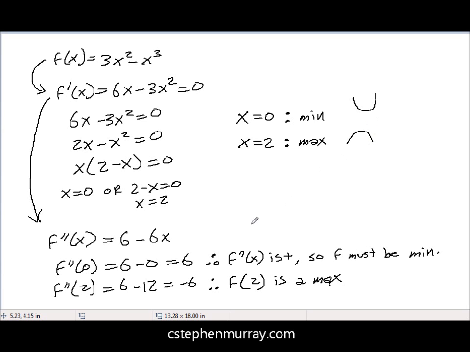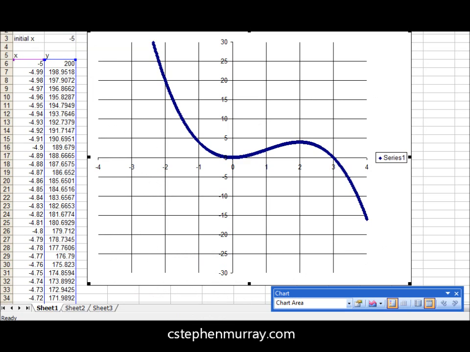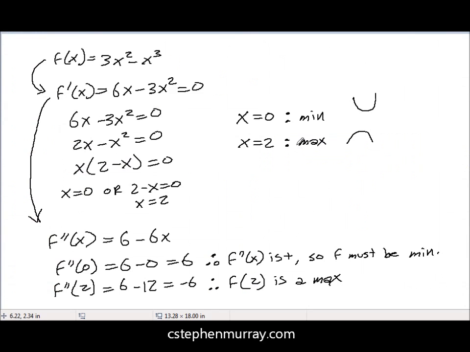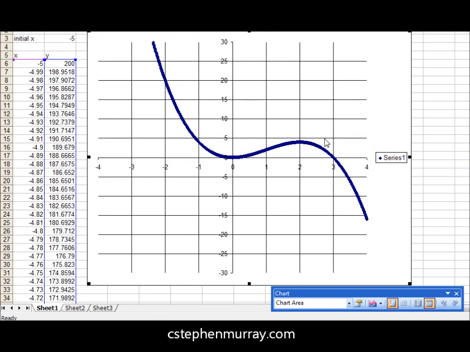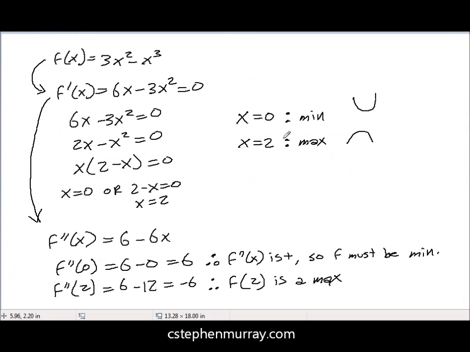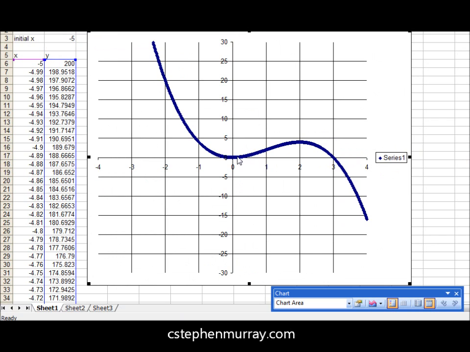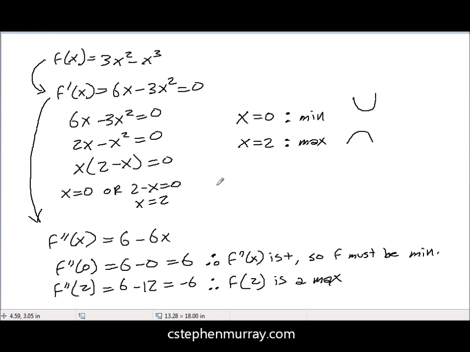We have a hill. Well, I graphed this in Excel earlier. Let's take a look. There you are. At 0 we have a minimum, and at x equals 2 we have a maximum, exactly as the calculus showed us.